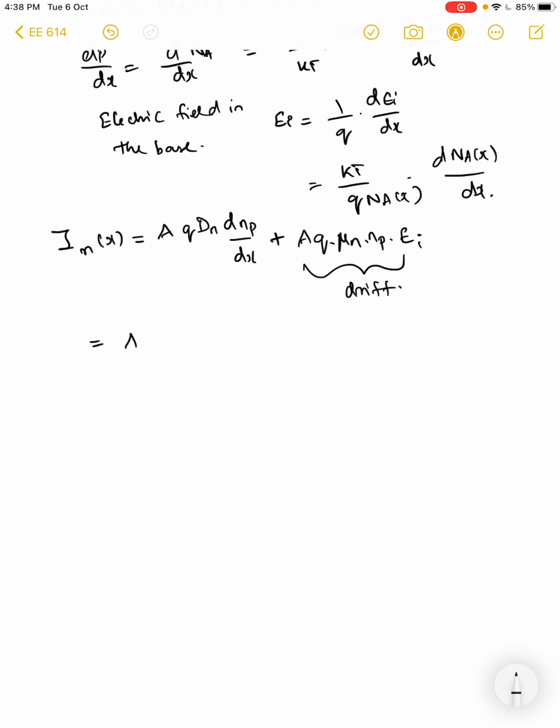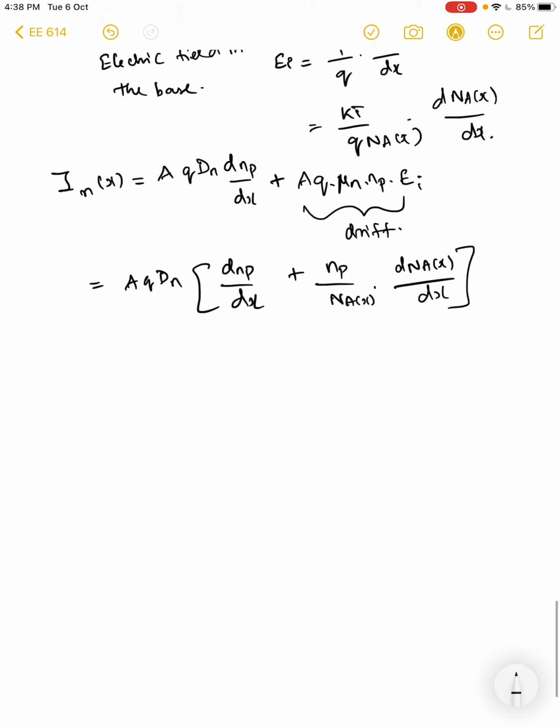You will get q Dn dNp/dx plus, from the Einstein equation, mu n times kT/q, which will turn out to be Np/Na(x) dNa(x)/dx.